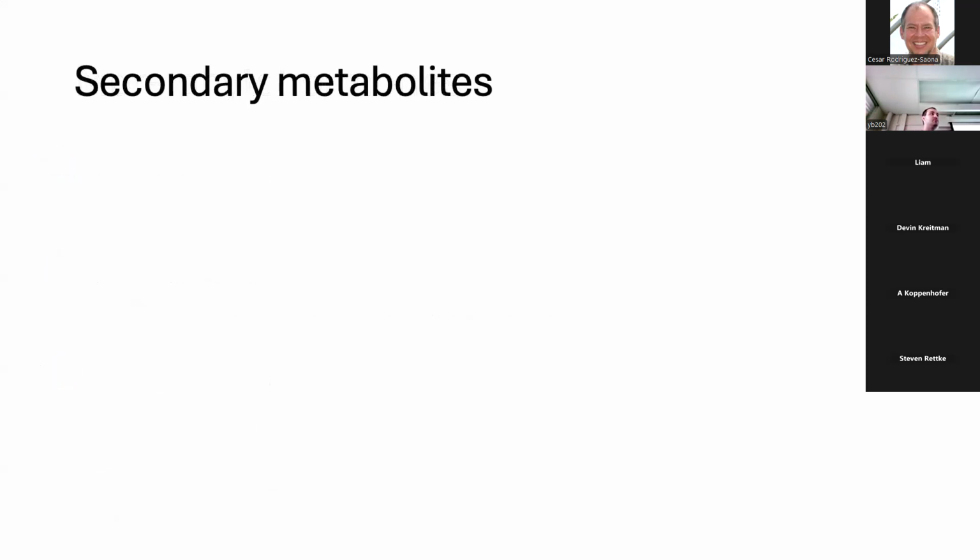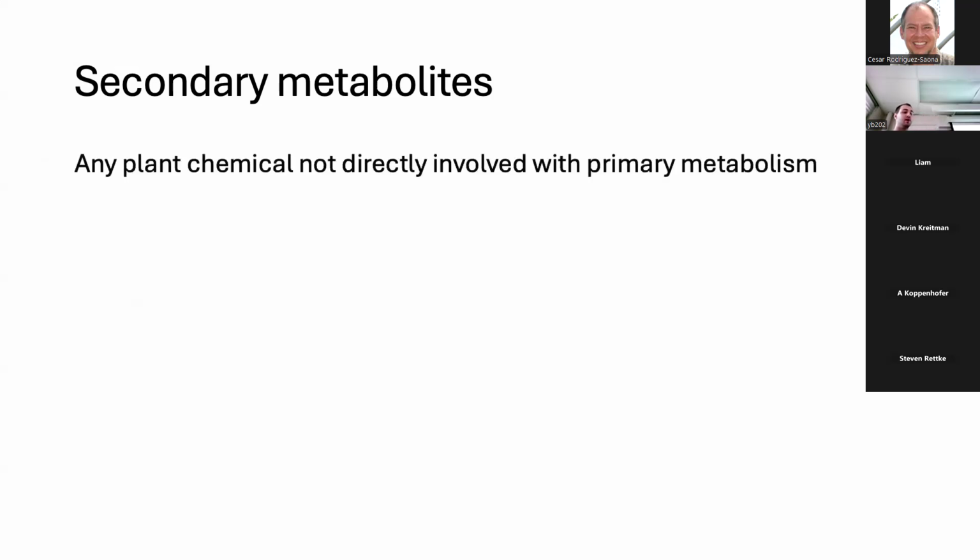And so this brings us to the next group of metabolites, the secondary metabolites. These are the compounds in the plant which are not directly associated with the primary metabolism. These were originally thought to be waste products, but now we know they're more than just waste products.